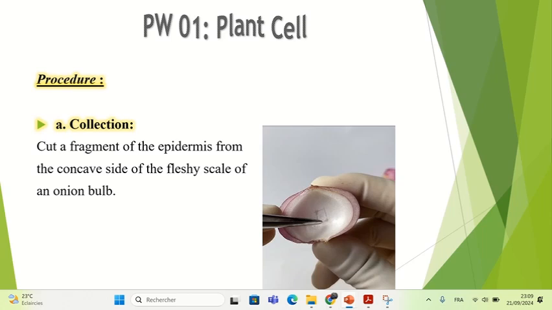We cut a fragment of epidermis from the concave side of the fleshy scale of an onion bulb.